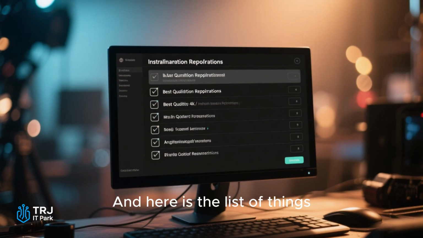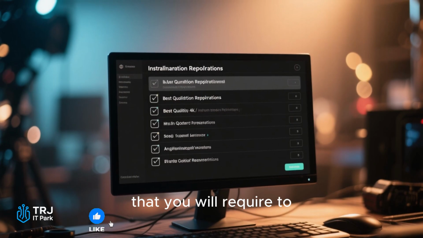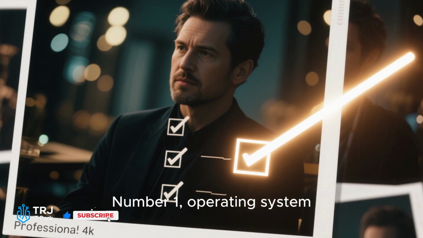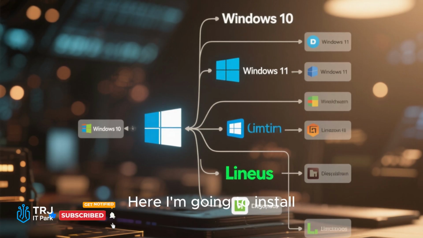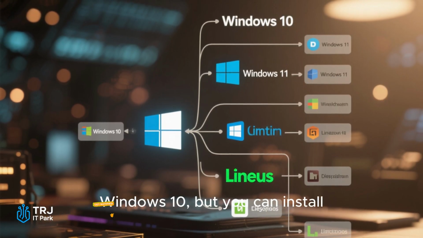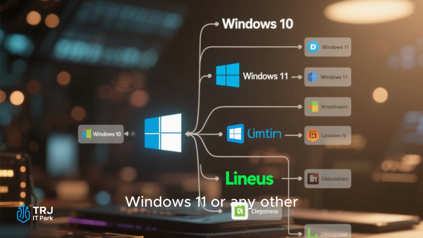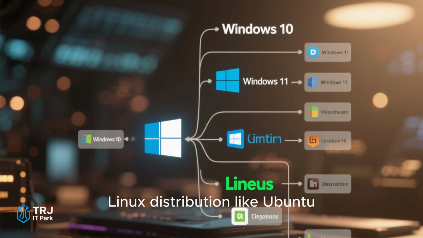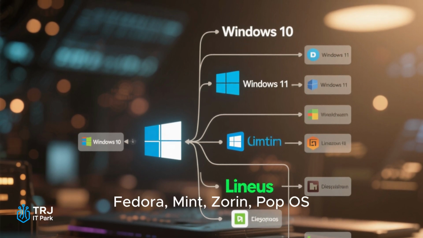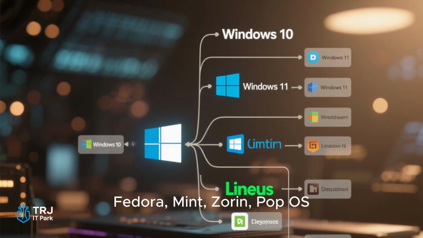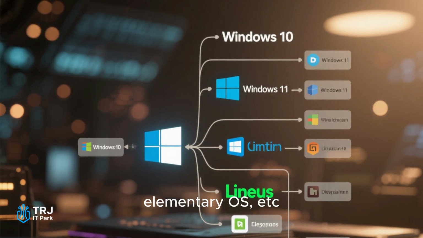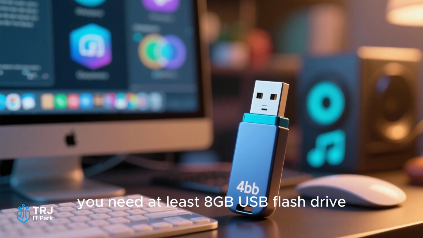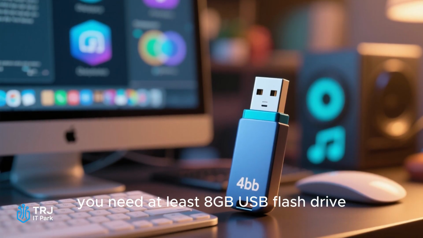And here is the list of things that you will require to install any operating system. Number 1, operating system. Here I'm going to install Windows 10, but you can install Windows 11 or any other Linux distribution like Ubuntu, Fedora, Mint, Zorin, Pop!_OS, Elementary OS, etc. Secondly, you need at least an 8 GB USB flash drive.